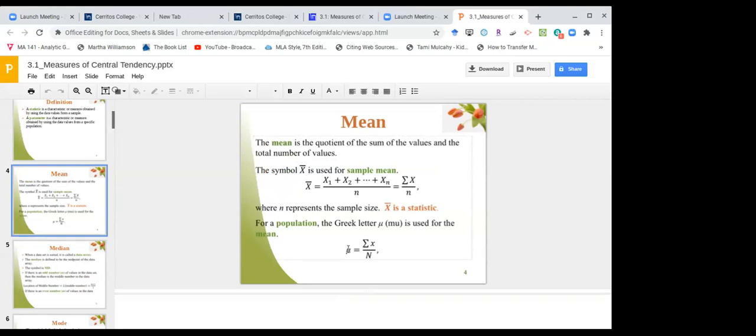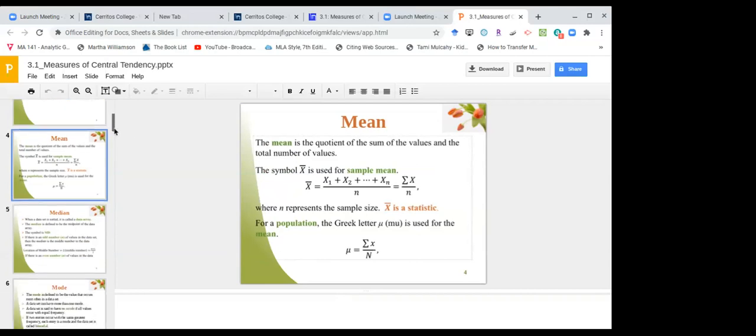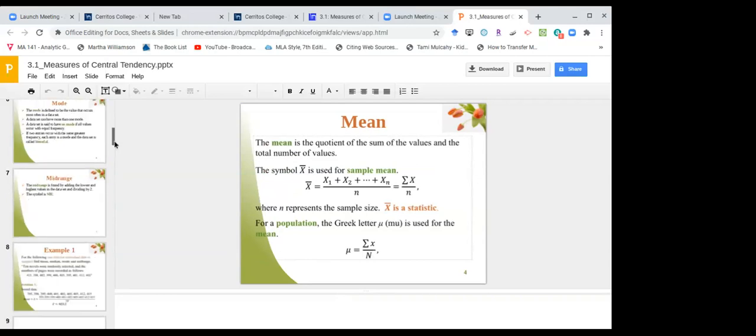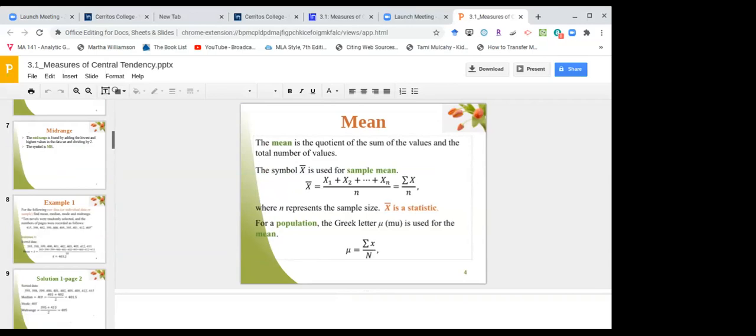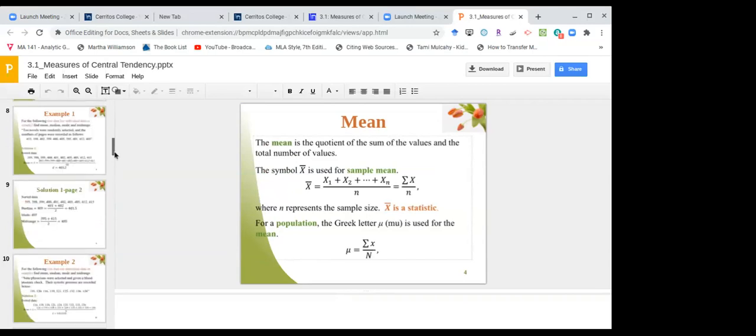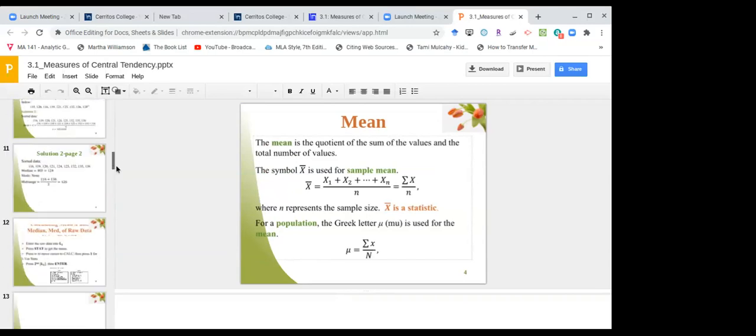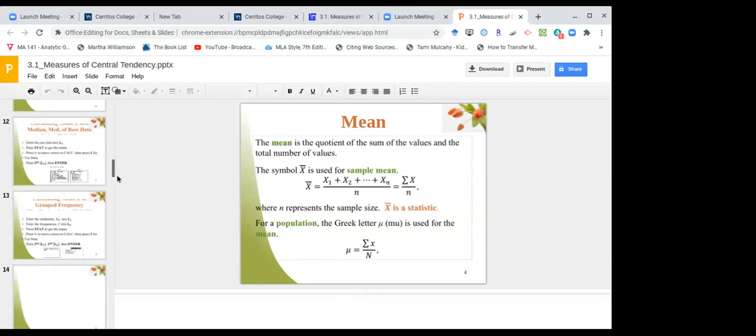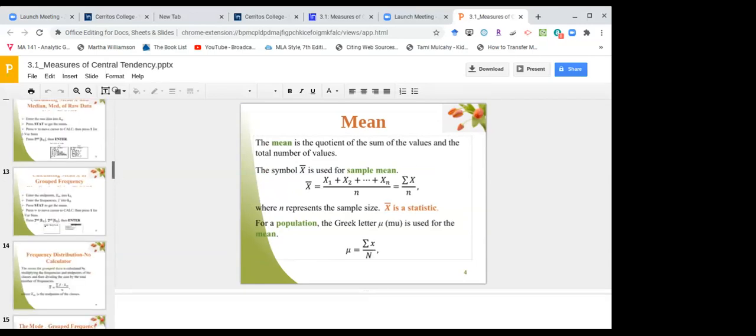Mu is the mean for the population. Yes, you need to know the difference, so make sure you distinguish those. You'll see that in the lesson when you're doing the lesson. The measures of central tendency, the mean, the median, the mode, the mid-range, all of the examples are here for you. Use that, but do pay attention to the symbology.